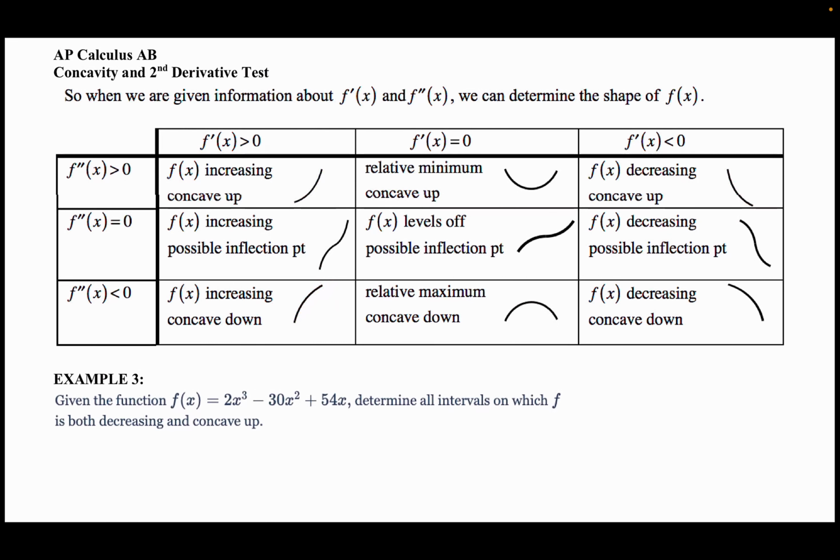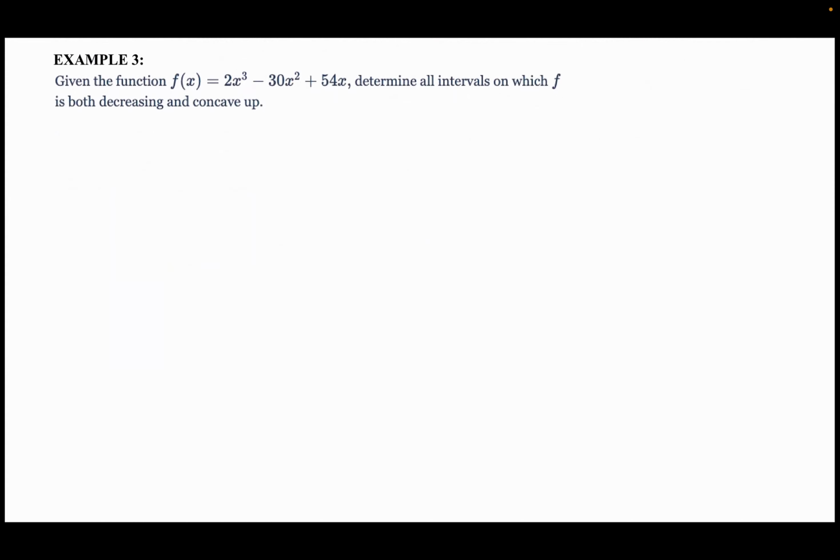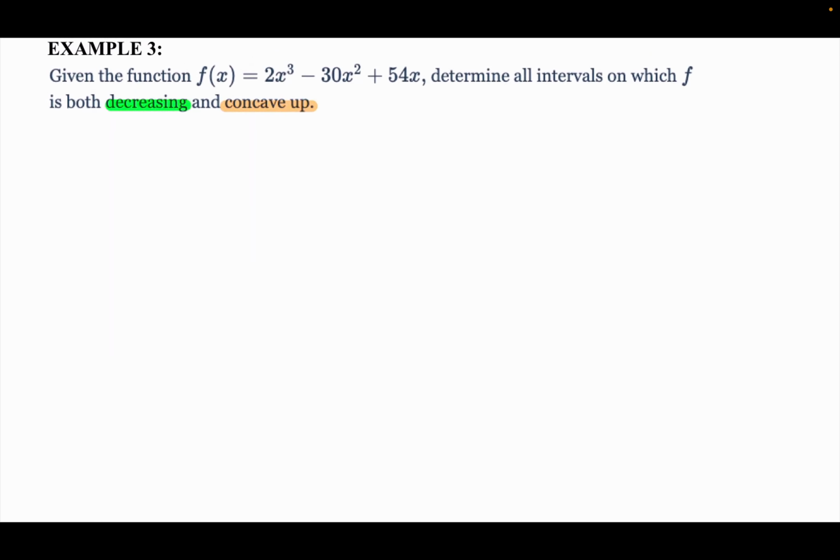All right, so here we go. Example number 3, they want us to know where it is both decreasing and concave up. So before I even do anything, I need to figure out what it means when it's decreasing. When I say something's decreasing, what does that mean? What's our justification for that?